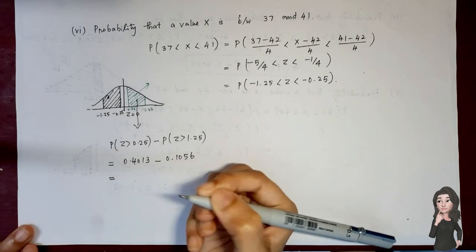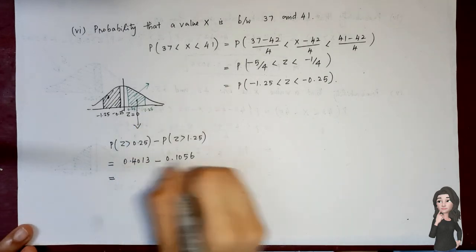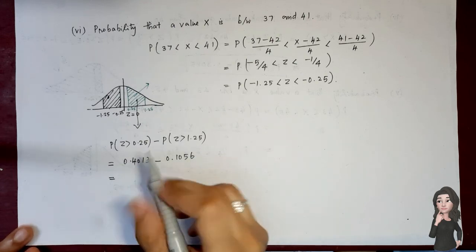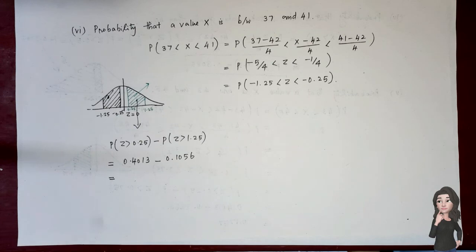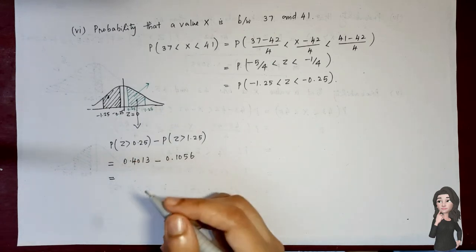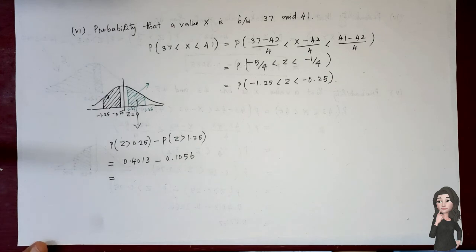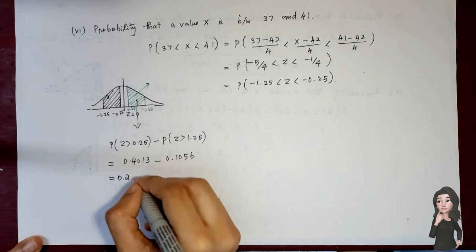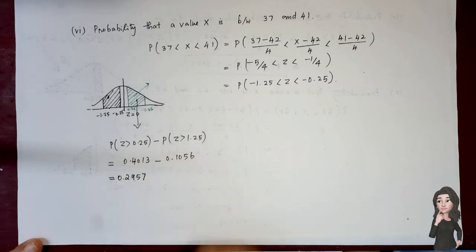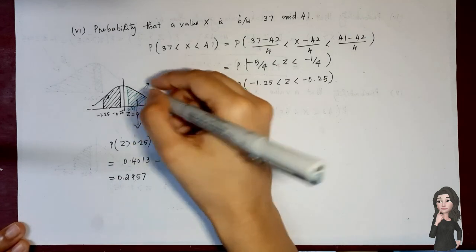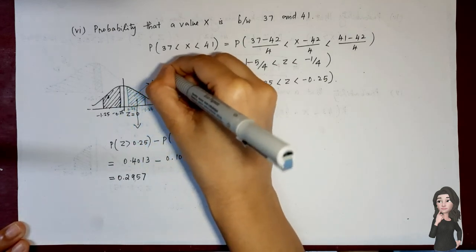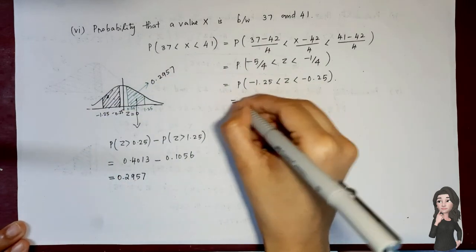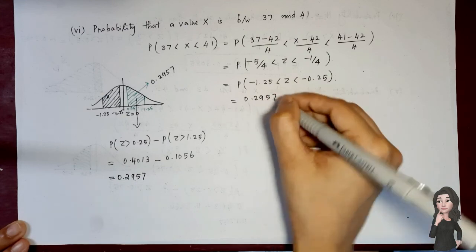So this area is equal to 0.1056 subtracted from 0.4013, which is equal to 0.2957. So this area is 0.2957. Therefore, this area is also 0.2957.